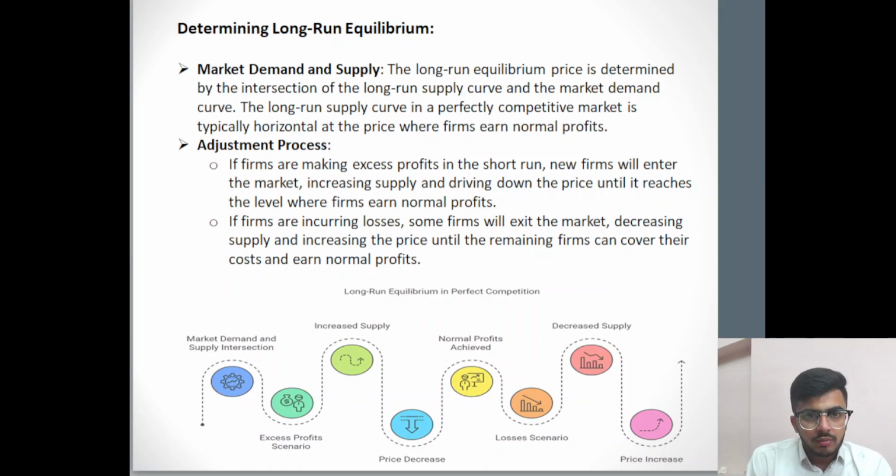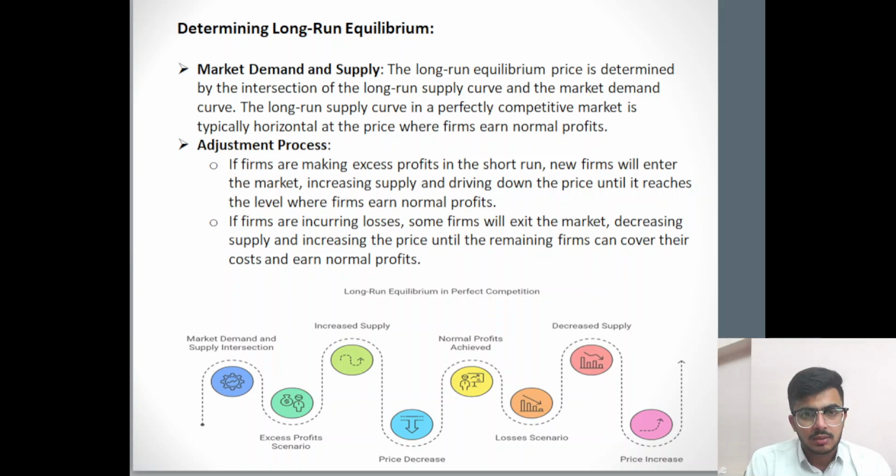What determines long run equilibrium is market demand and supply. The long run equilibrium price is determined by the intersection of the long run supply curve and the market demand curve. The long run supply curve in a perfectly competitive market is typically horizontal at the price where the firm earns normal profits.